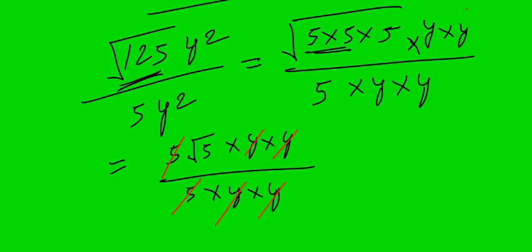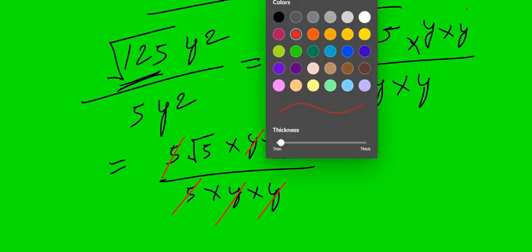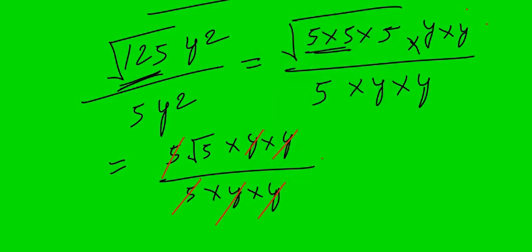Now what is left? Most of the students get confused and they have written the wrong answer. Our answer is under root 5, just under root 5 only. Most of the students have written the answer as 5. This is wrong. We have to calculate the square root first, then after that you have to cancel it.